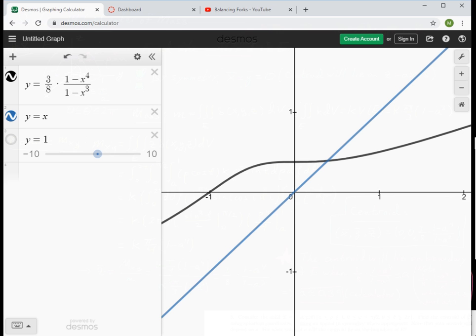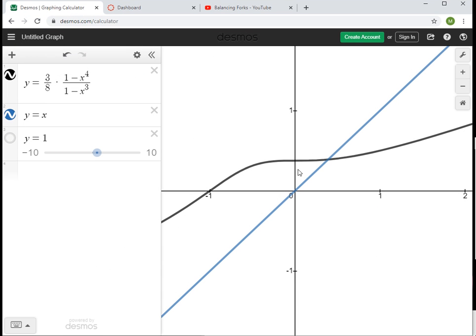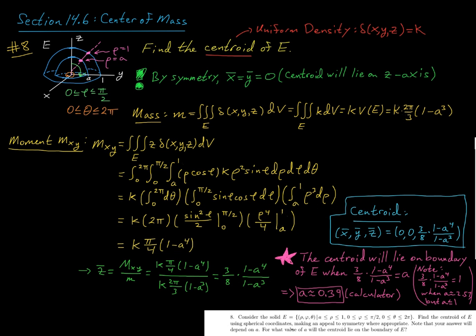It's a degree 4 equation, so I've just used Desmos here to get an approximation. So I have a sketch here in black of this curve, 3/8 times this messy expression, and then I have just y equals x, because I'm setting this expression in terms of a equal to a itself, and I can see that they intersect at about 0.389 there. So that value of a would imply that our centroid would lie on the boundary of our solid.